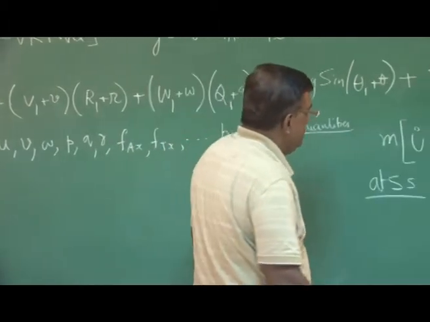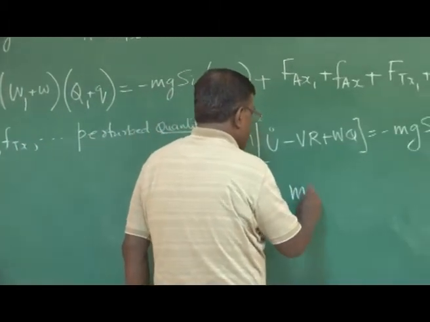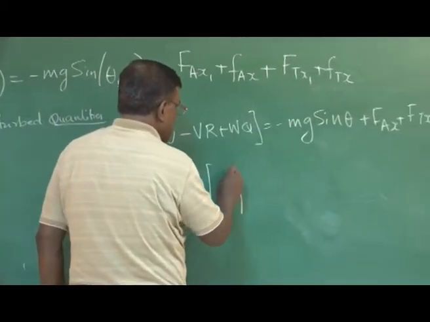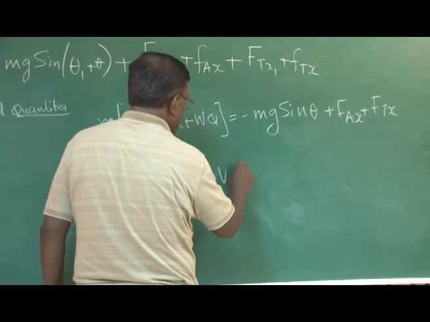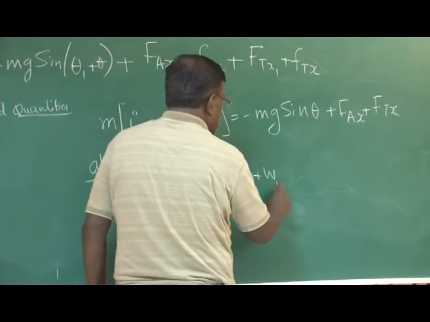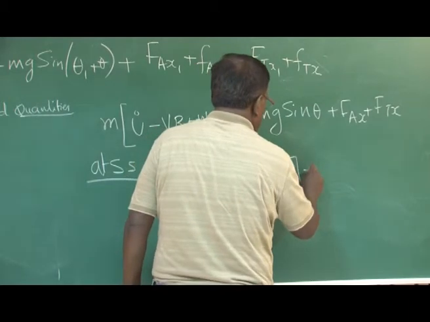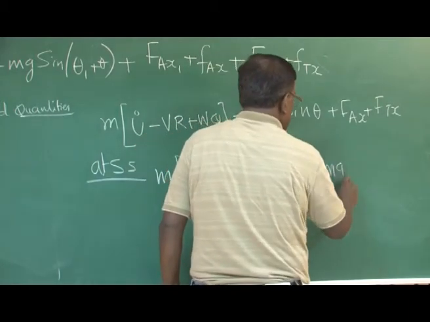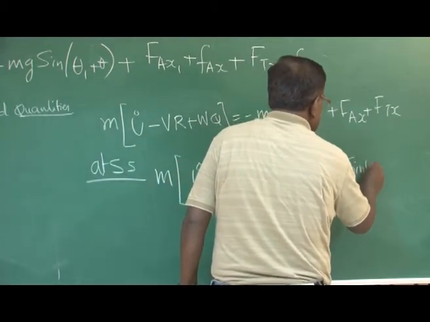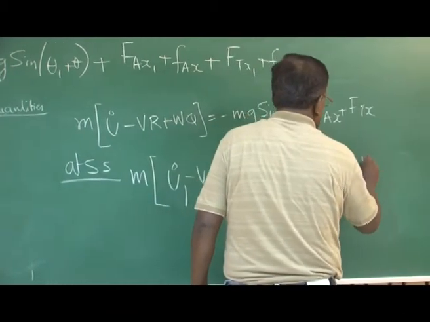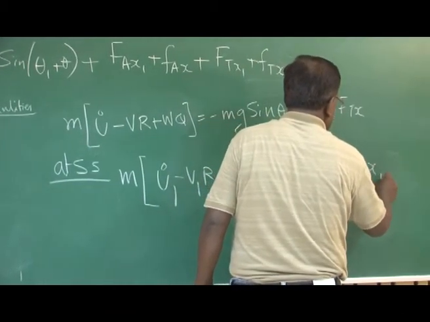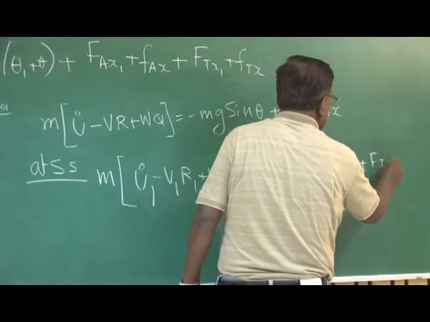At steady state, that means using our notation, I can write m times u1 dot minus v1 r1 plus w1 q1 will be automatically equal to minus mg sine theta 1 plus Fax1 plus Ftx1.